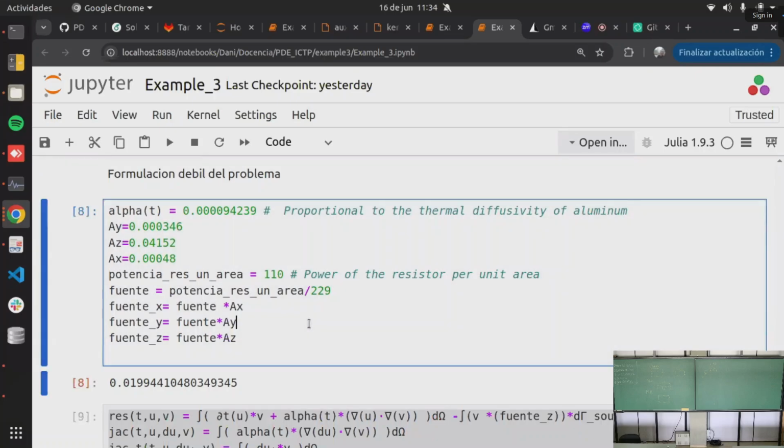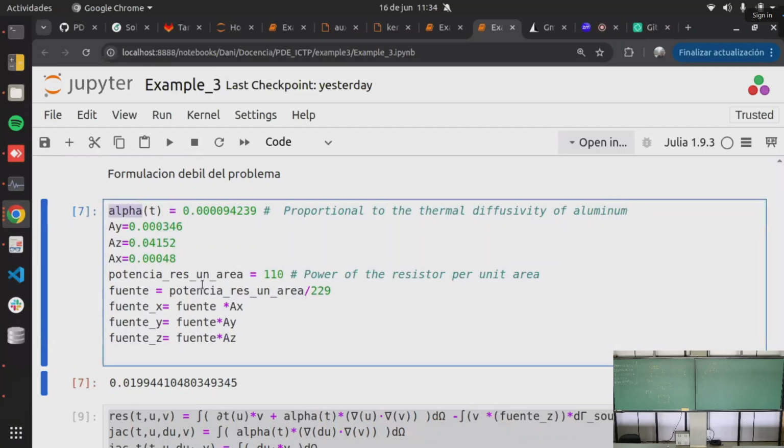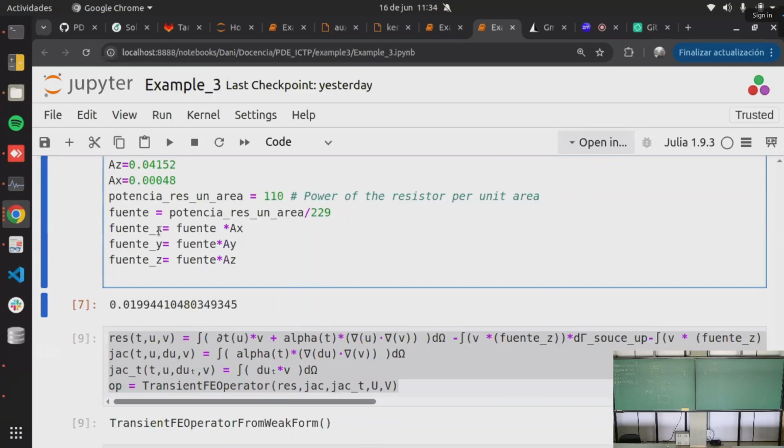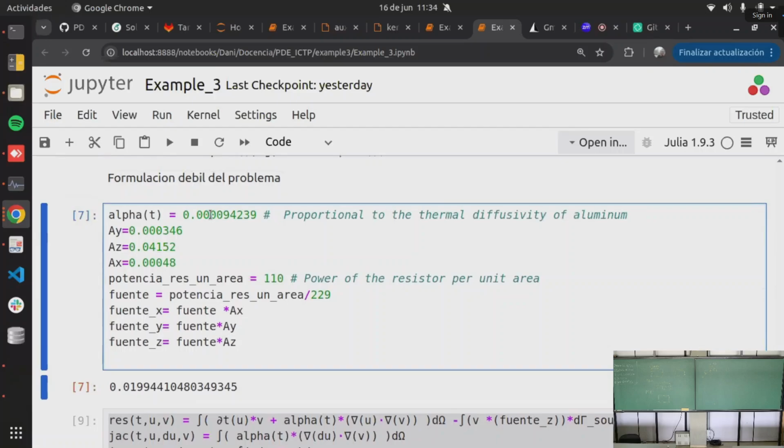And here we define all the constants, not only for the diffusivity term, and also for the flux term for the resistors, the Neumann boundary conditions. Everything in this example is constant. These numbers depend on the material.